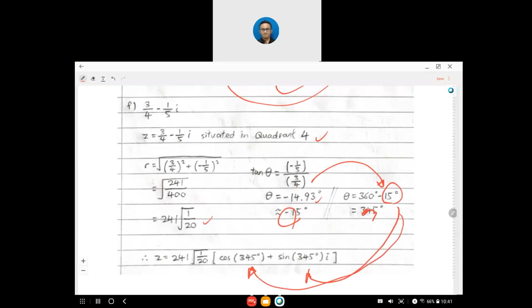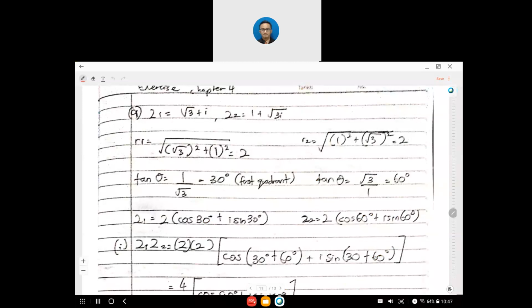Make sure, please, if your question not asked about the nearest to what types of decimal places, awak kena ambil at least 2 decimal places ya. Jangan awak pergi buat nearest to decimal places. Melainkan soalan tu yang mention. Okay? Any problems?